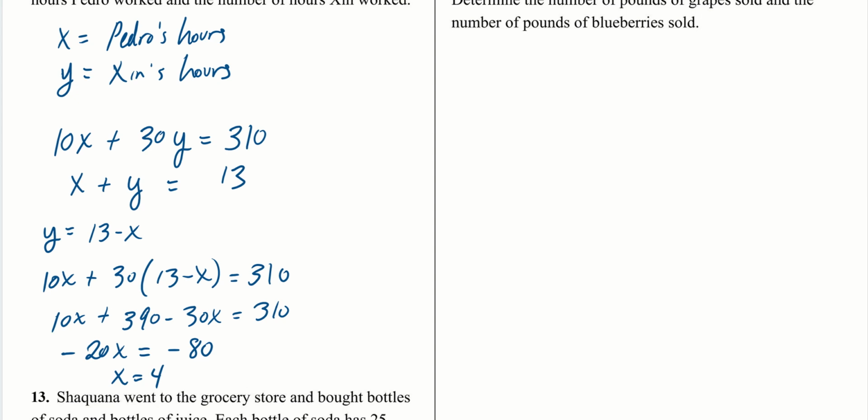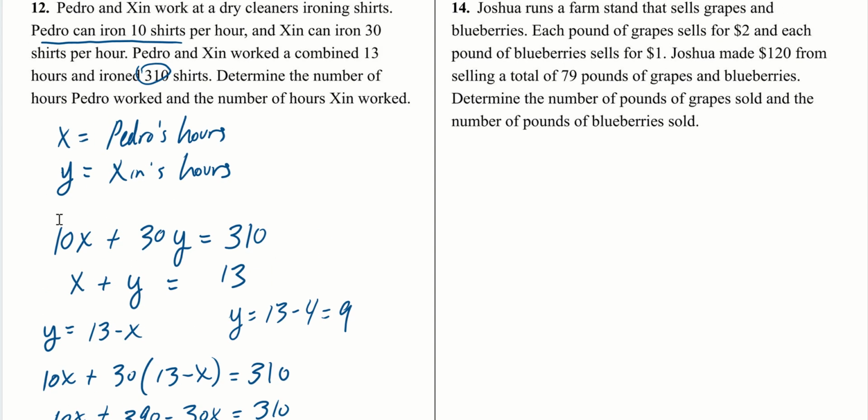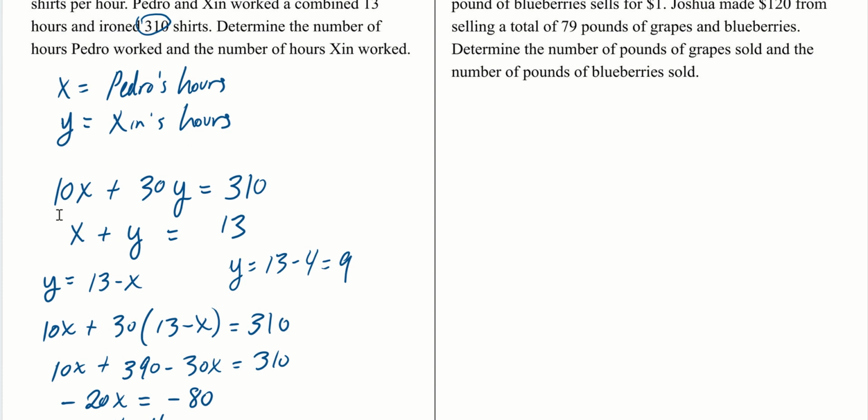And then I can plug that 4 back into my y equals. So y equals 13 minus 4, so it's equal to 9. So in order to get 310 shirts ironed, Pedro would iron for 4 hours, and Shin would iron for 9.